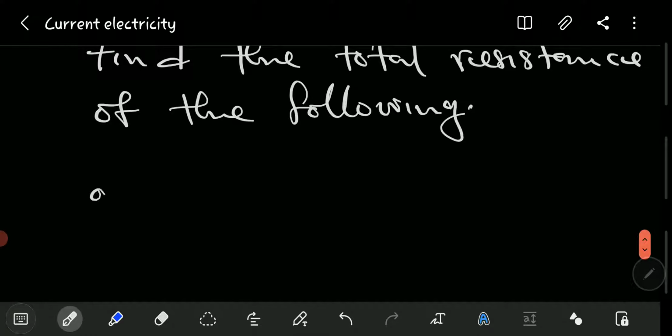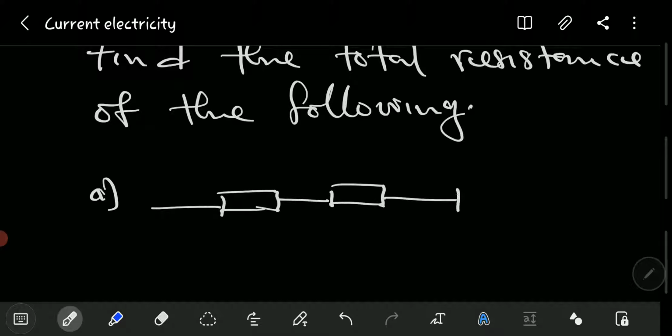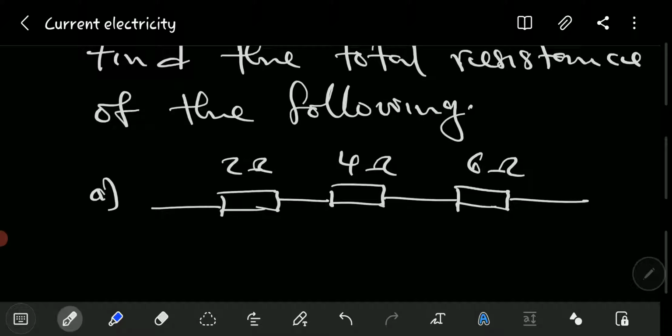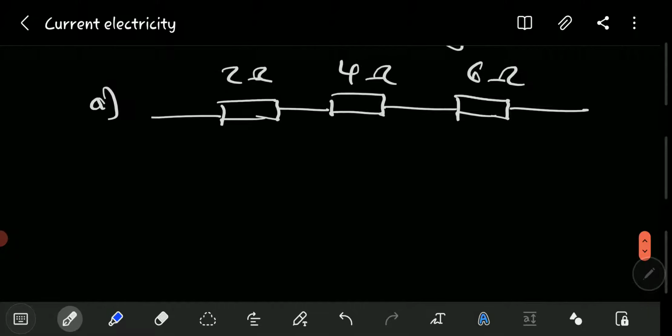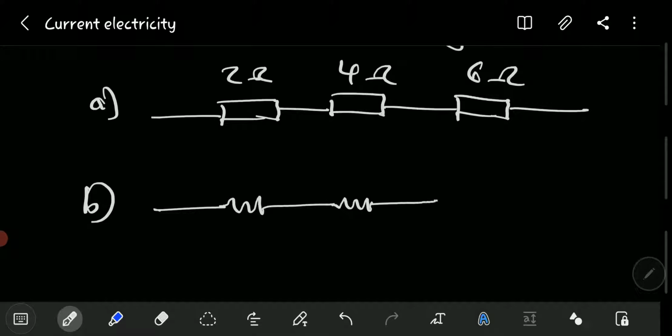A, so we have that as A, and B we will have this. So that is A and B.